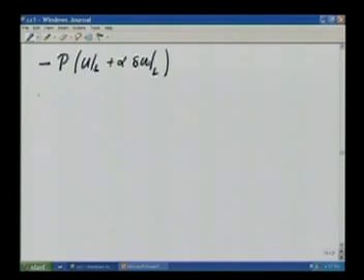From this, if we subtract I of u, what do we get?